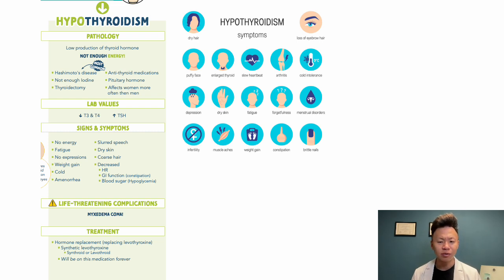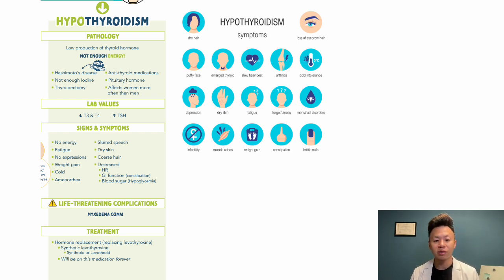What happens if it slows down completely? Can you live without a heart rate? I don't think so, right? So myxedema coma, one of your life-threatening conditions is the bradycardia. Also, if you slow down everything else, slow breathing, slow metabolism, slow energy, you just lack the energy to breathe, right? Now, these are patients that are probably going to be vented, probably going to need some ventilatory assistance.